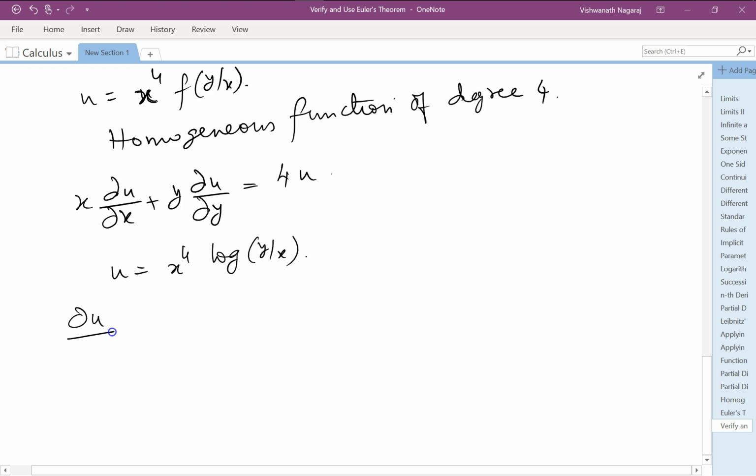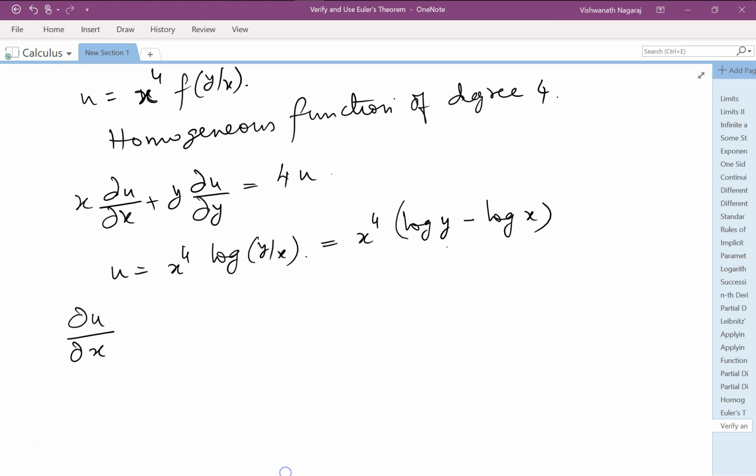So dou u by dou x. By the way, this can be written as x to the power of 4 times log y minus log x. This is the logarithm rule.